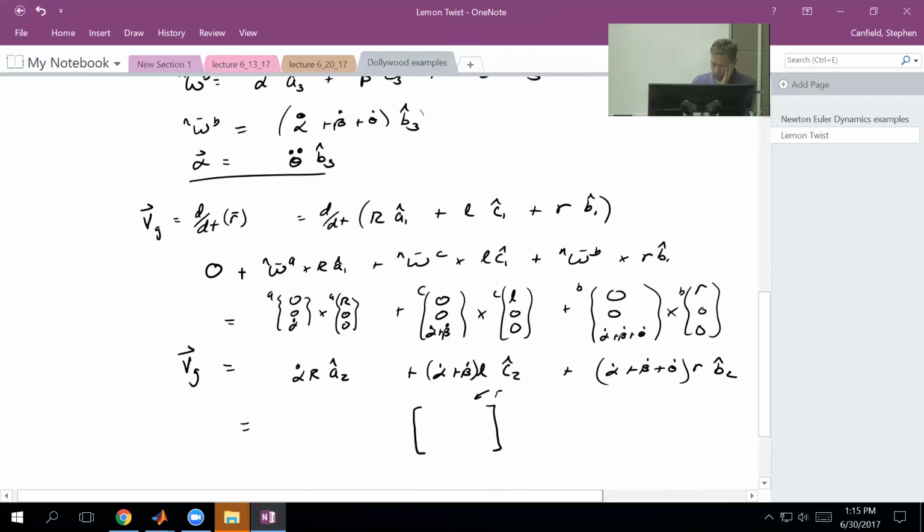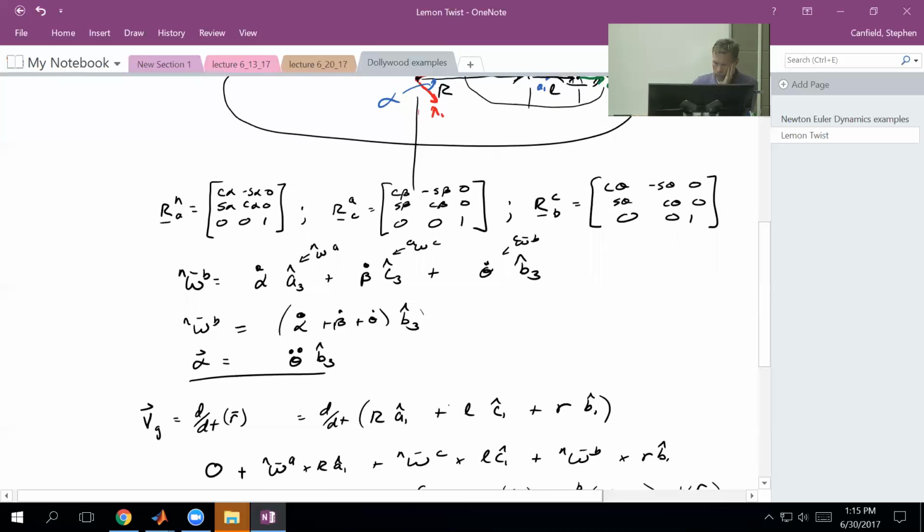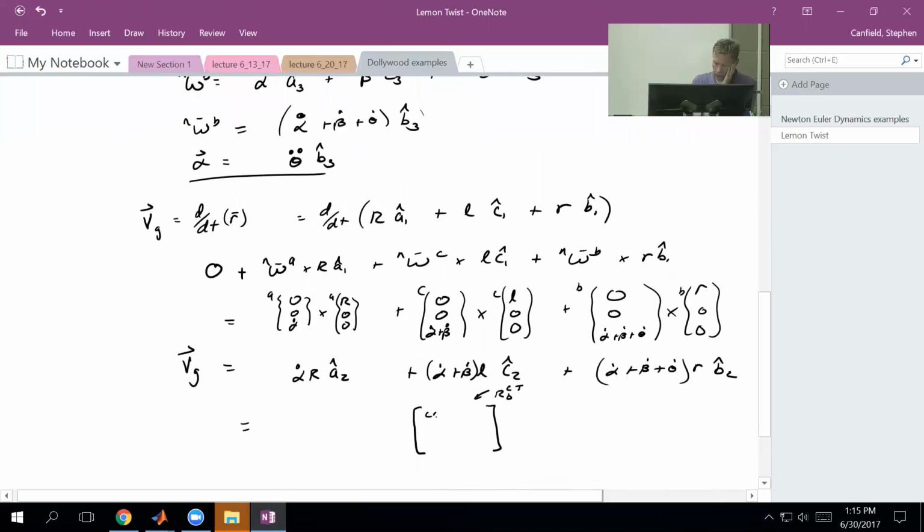This is a transpose of B onto C, which was cos theta. I'm taking the transpose, so the first row becomes the first column. Times 0, L, 0. This thing's already in the B frame.